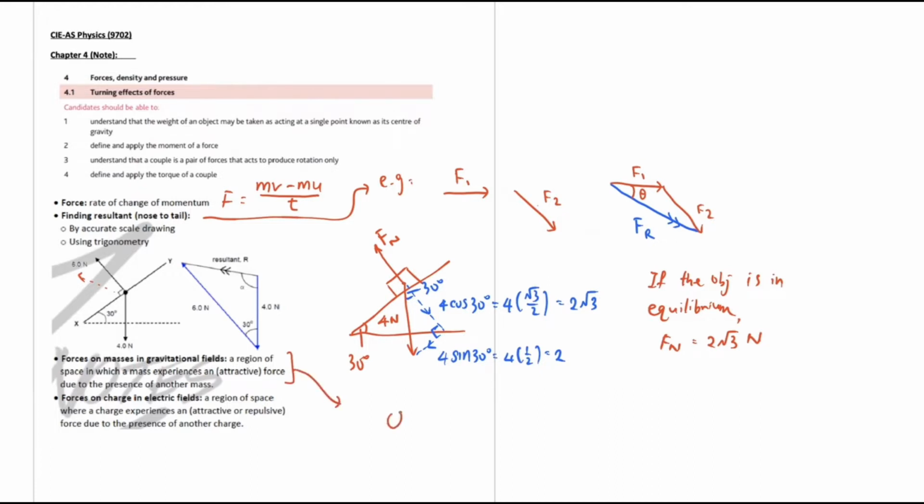If you have the sun and the earth, they are attracting each other because of the gravitational force. That's why the earth can orbit around the sun, because they are attracting each other. So that is one case of a gravitational field.